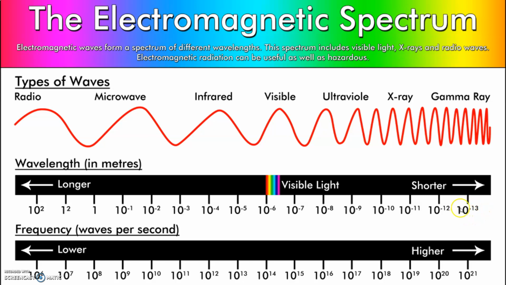If we take that number and move it 13 places to the left, you would have 0.0000 and whatever the number may be, a very, very small number. That's what it's trying to show you. Wavelength goes from longer, bigger, to much smaller as you go from left to right. And then frequency: 10 to the 6, and as you go all the way up, 10 to the 21st power. So you can see that frequency gets increasingly bigger as you go forward.